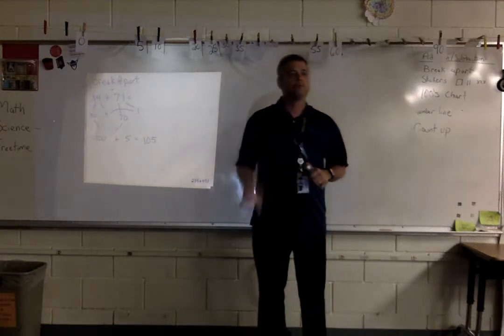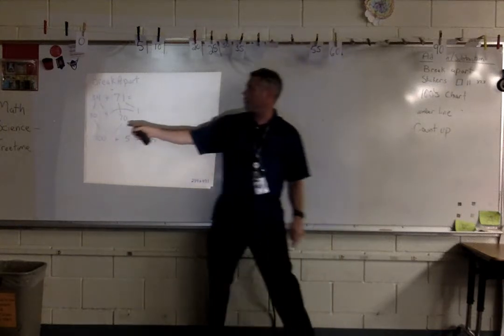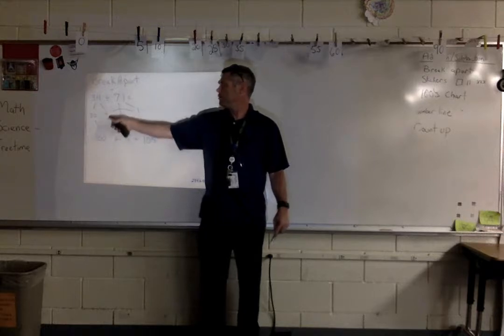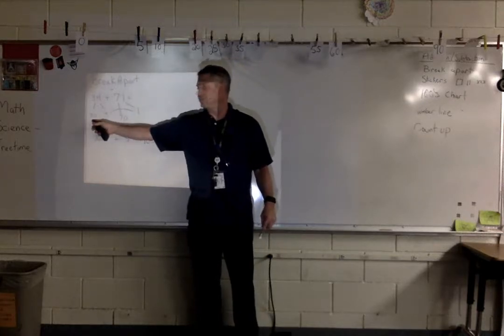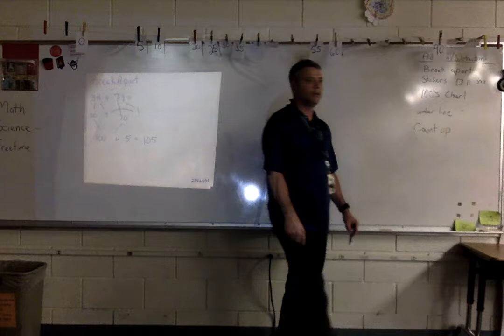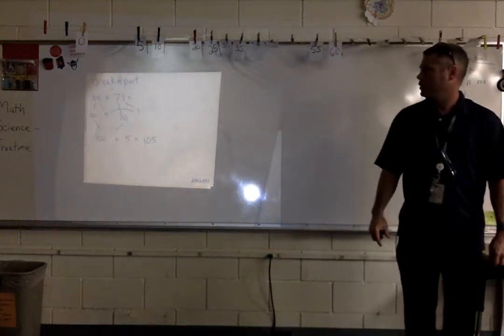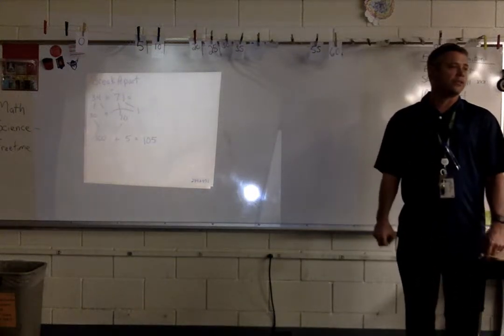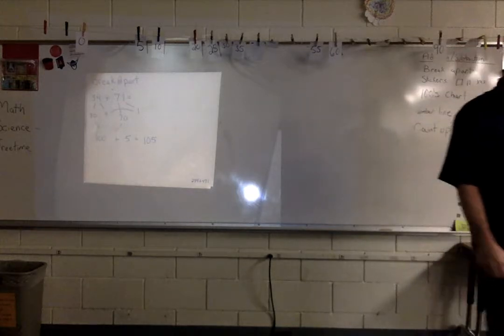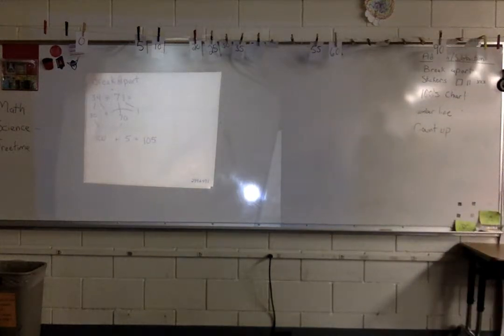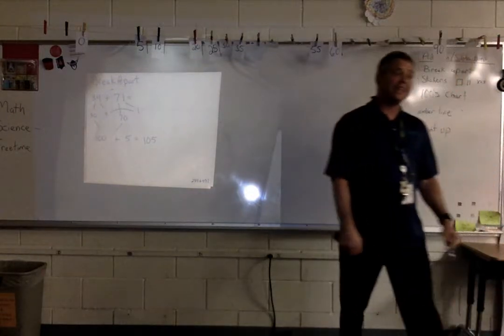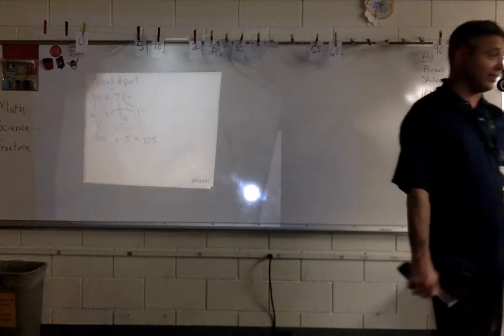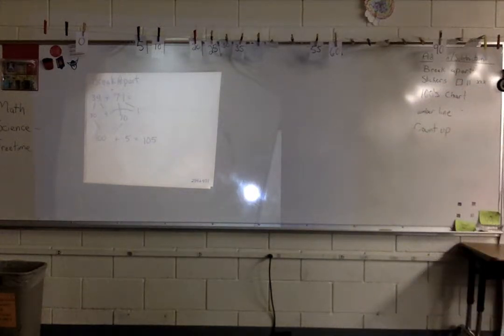So now we've got 34 and 71. Let's add our tens together. What does 30 plus 70 equal? It's important to write neat. If we can't read our writing, it's going to be a lot more difficult.